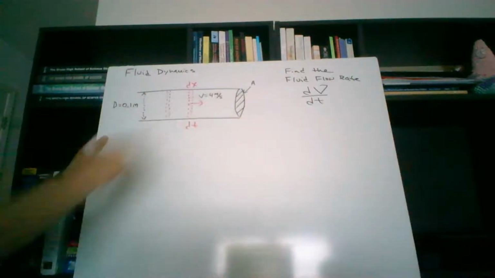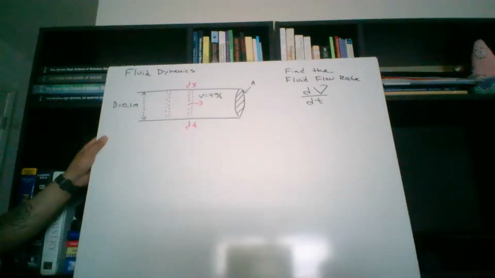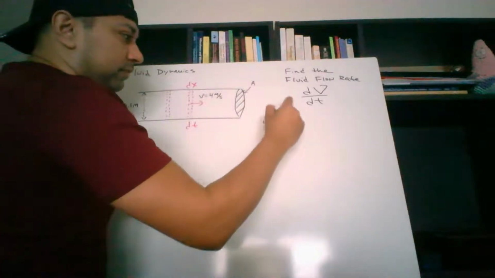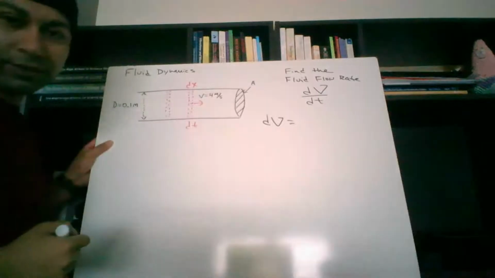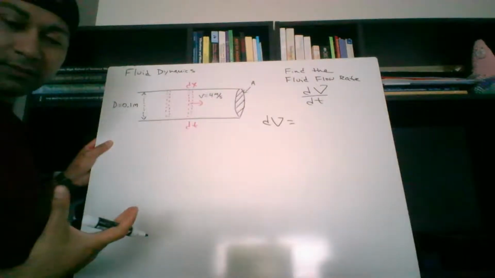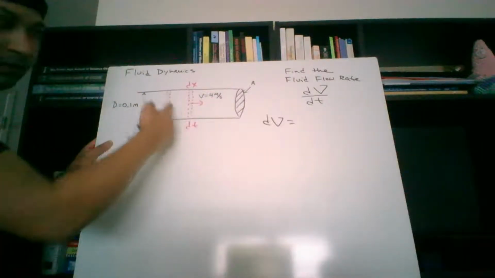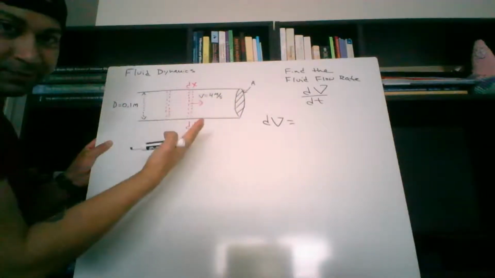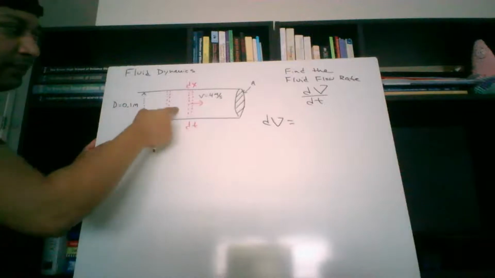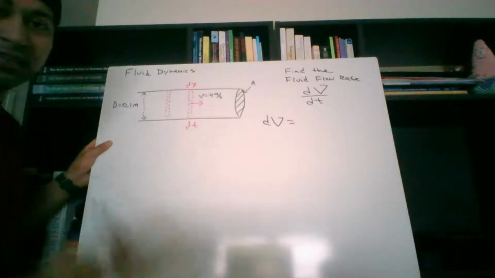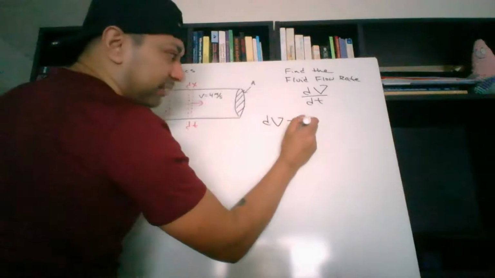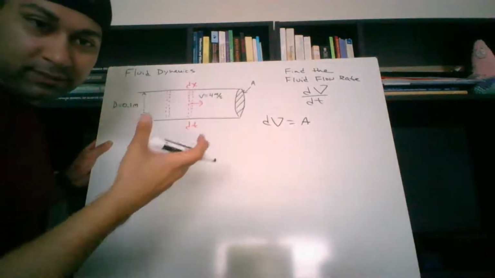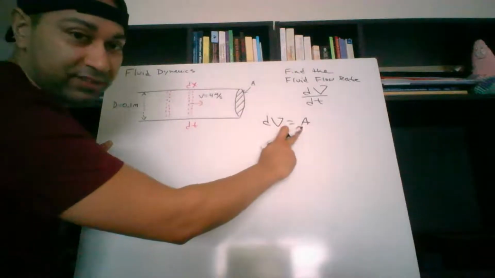We've got water flowing in this direction right here. So let's start with dV. dV is the change in the volume. The volume is going to be the cross-sectional area, this thing. If you look along this pipe, it's not difficult to see that the area here and the area here doesn't change, so we leave that term alone. But volume is length times width times height. We just have the surface area.